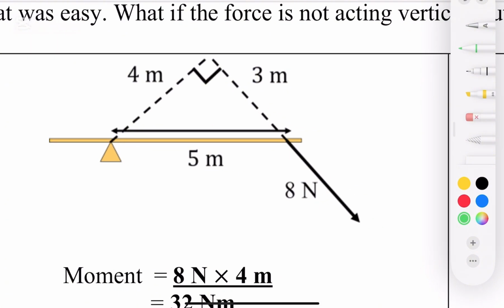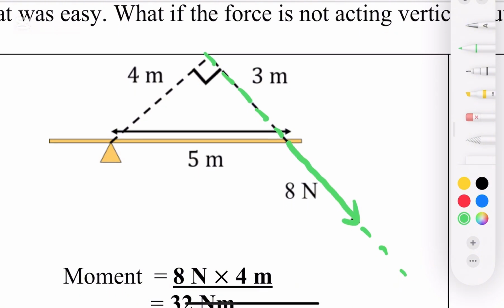First, when a force is acting in this direction, we want to extend the line of force using dotted lines, like what I've written in green. The next thing is, from this line of force, we want to find another line towards the pivot that is perpendicular to the line of force.